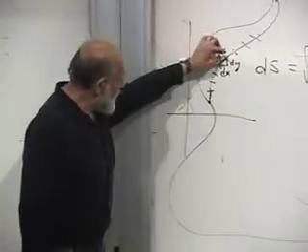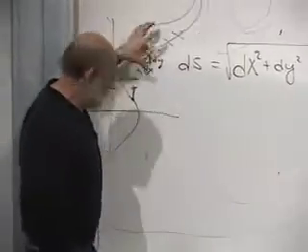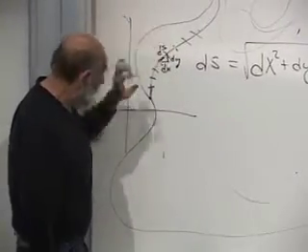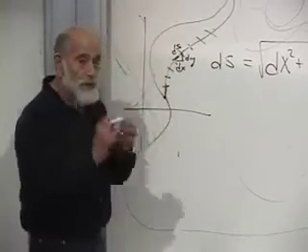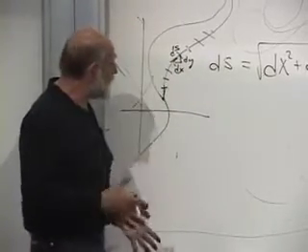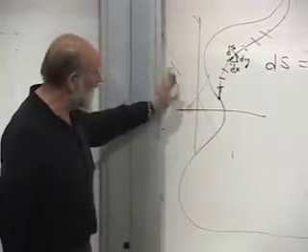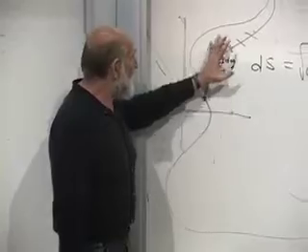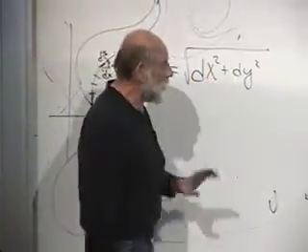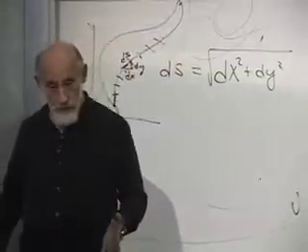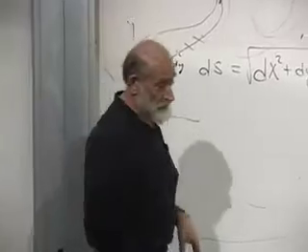If I take a little differential displacement, dx and dy, or I just take 2 neighboring points, don't even give them labels, and measure the distance between them, the distance between them should not depend on conventions such as which axes I use. And so when I make rotational transformations, dx squared plus dy squared doesn't change. The dx and dy may change, but dx squared plus dy squared does not change.